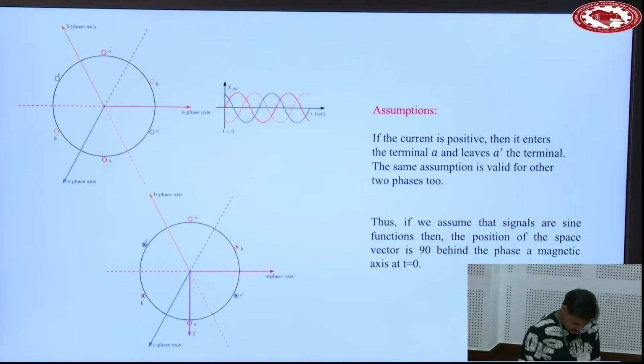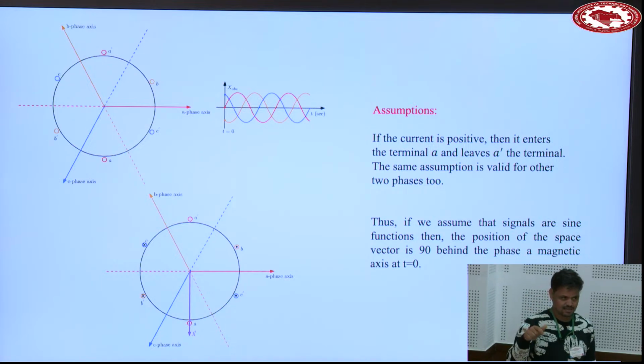But B is negative, it means current will be entering at B dash and coming out of B. C is positive, so same, it will be entering at C and leaving out from C dash. So this cross and dot are made according to that.